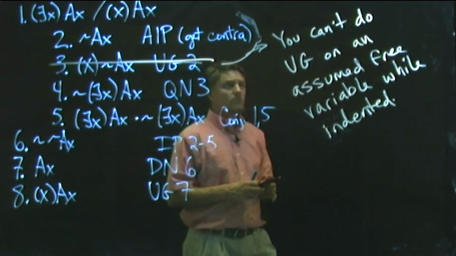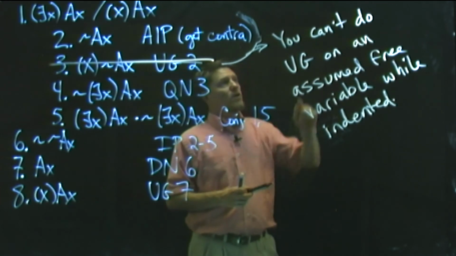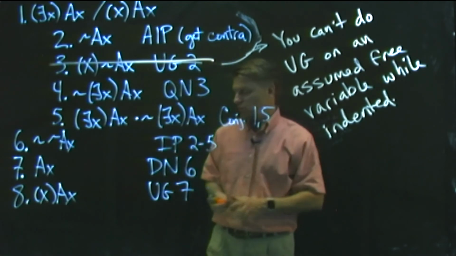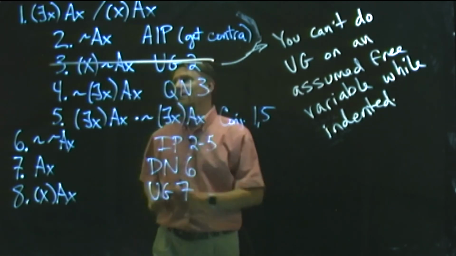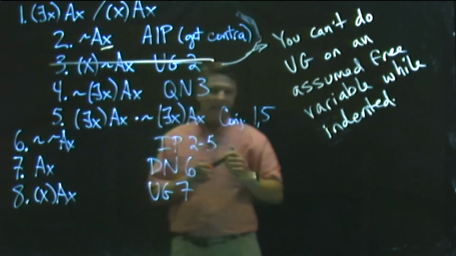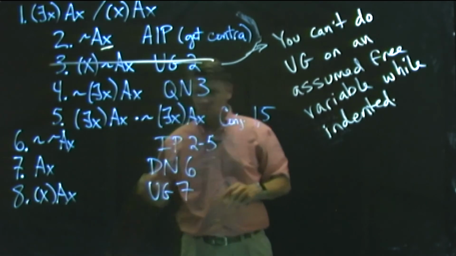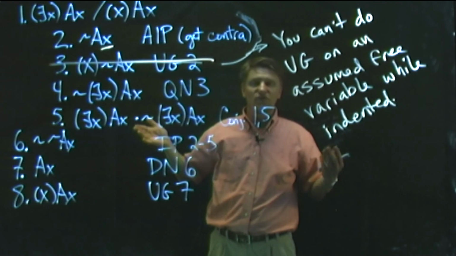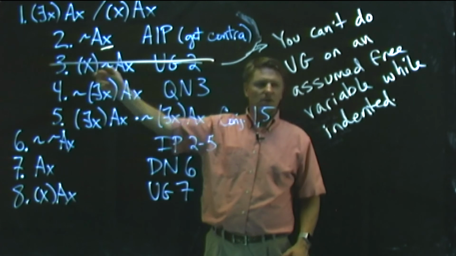Here's the thing. There's a new restriction on doing conditional and indirect proof. You can't do UG on an assumed free variable while you're indented. So you can see here in line 2, we assumed tilde Ax. And when we assume tilde Ax, that x, of course, is a free variable, right? There's no quantifier that applies to that variable. So what we are needing to understand here is that when you assume a free variable, you can do that. You can assume a free variable. However, when you do that, you can't do UG on that free variable while you're indented.